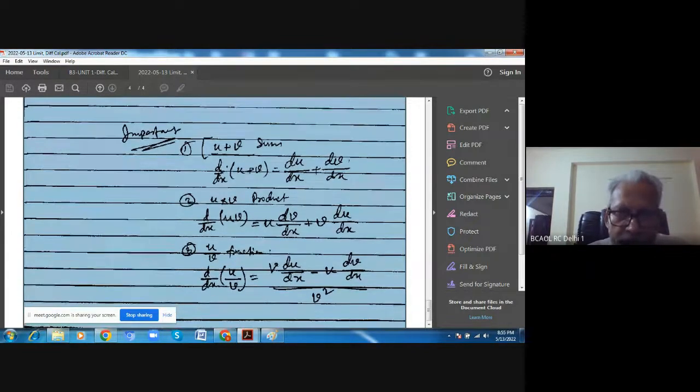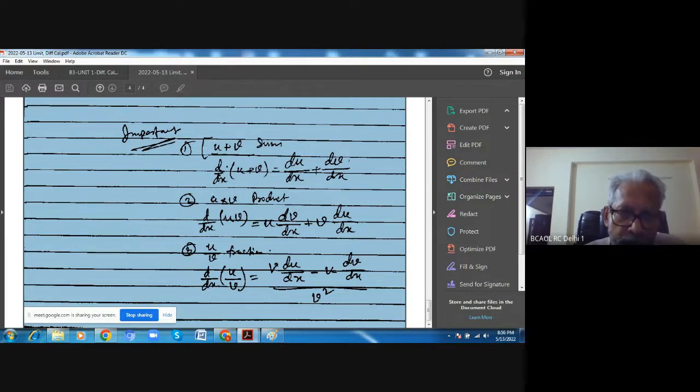Now these three formulas you can write down, or take a snapshot, because all these formulas are very important. When there is a sum of u and v, two functions you have to differentiate, d by dx of u plus v is du by dx plus dv by dx.